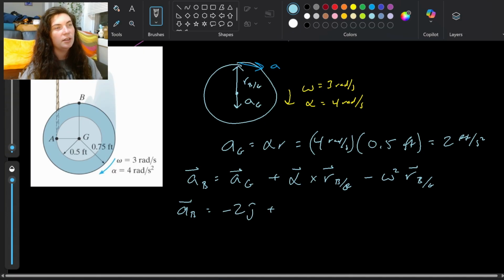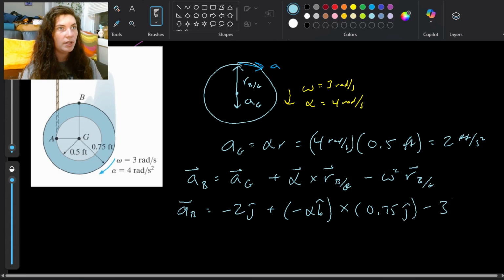Plus my alpha, I notice we're going clockwise, so by my right hand rule, my thumb goes into the page. That is negative alpha k hat, cross product with my position vector, which is now the larger radius, right? It's that 0.75 all the way from G to B, 0.75 j hat. Minus my omega value, 3 squared, times that position vector again, 0.75 j hat.